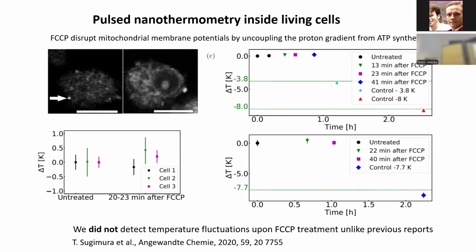So it's a different technique, but we don't see consistency of the results in this particular cell and this particular kind of FCCP activation. We couldn't see the effect of FCCP that was reported before using a nanodiamond thermometer. Our results showed very constant temperature, no 10-degree change of temperature in this case.